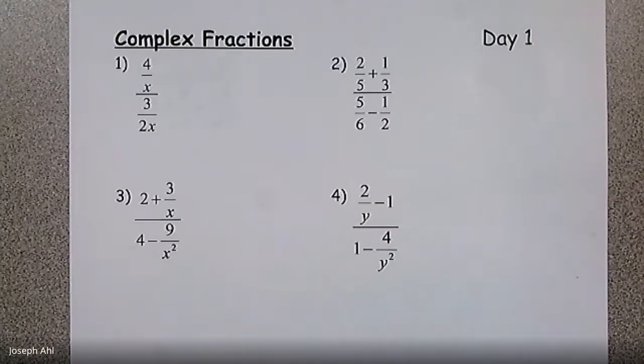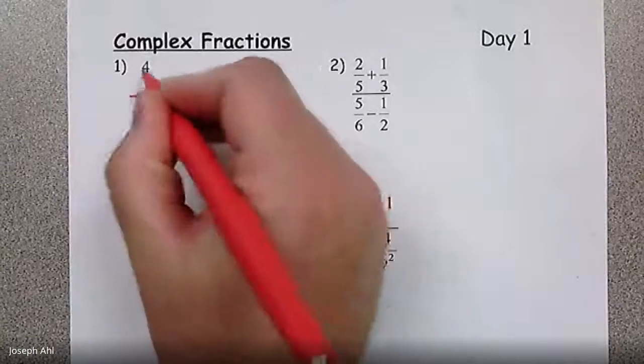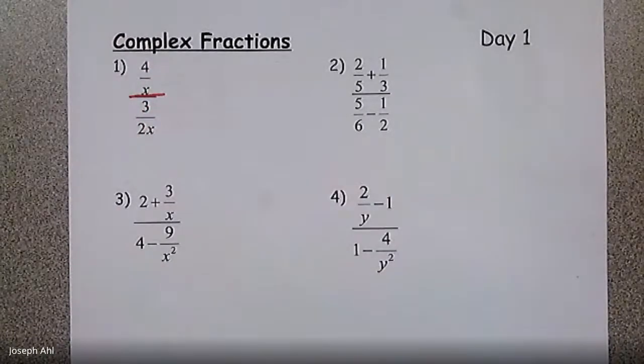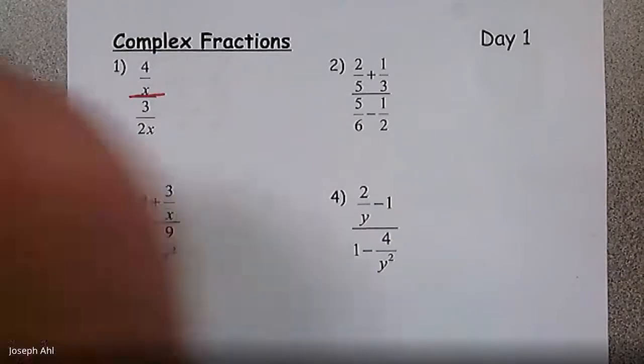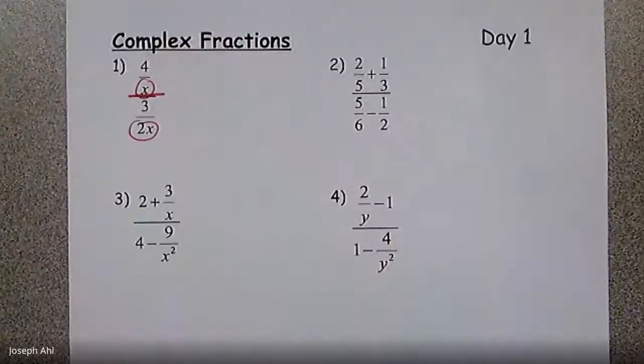So for complex fractions, what you want to be able to do is analyze that we have fractions within fractions. So we have this fraction right here, 4 over x, and that's being divided by 3 over 2x. To simplify complex fractions, there are a few different methods that you may choose, but the one that I like the most is looking at the two denominators of our individual fractions.